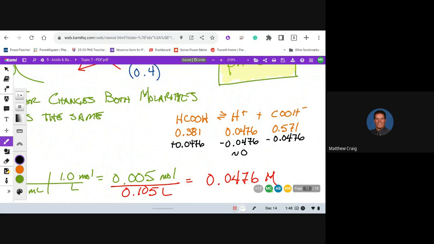So that plus that, since I went the wrong way, 0.429. That minus 0.524.